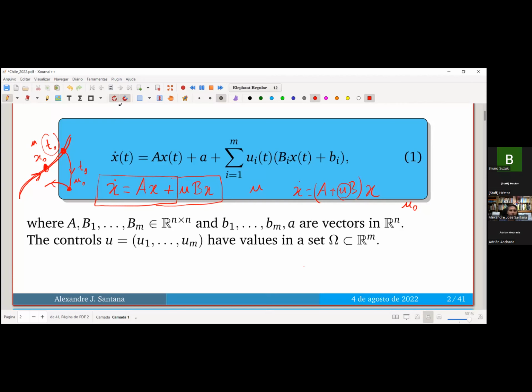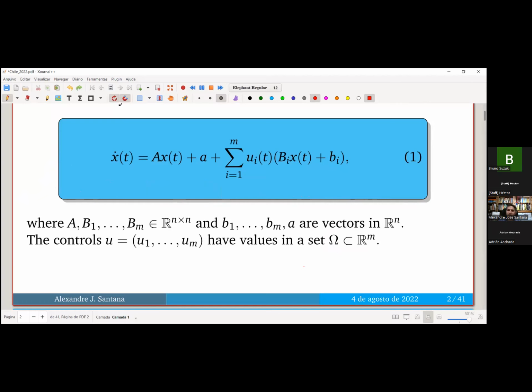For example, in this case, state space is R2. And in this situation, the question is if it is possible to go from some point X to another point Y using this control U with values in the subset of Rn here.